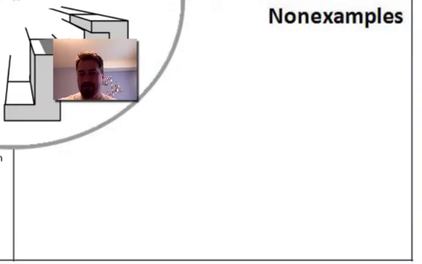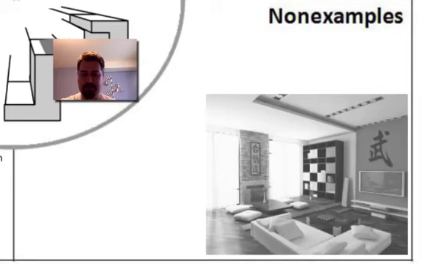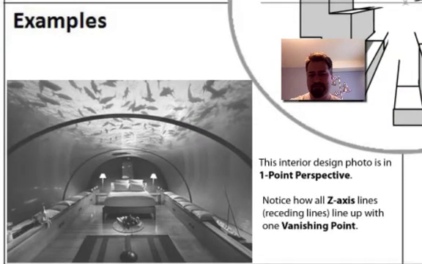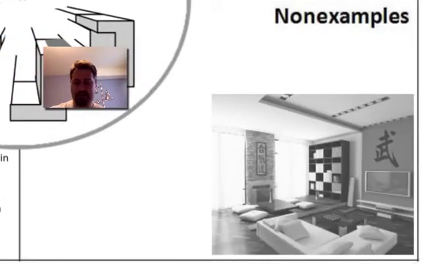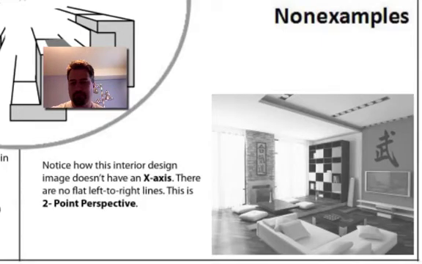All right, here's an example of another interior design, but there's something kind of weird about it. Strange. Look at the one on the left, and now look at the one on the right. This one on the right does not have an x-axis at all. There are no areas on this that are perfectly left to right flat.